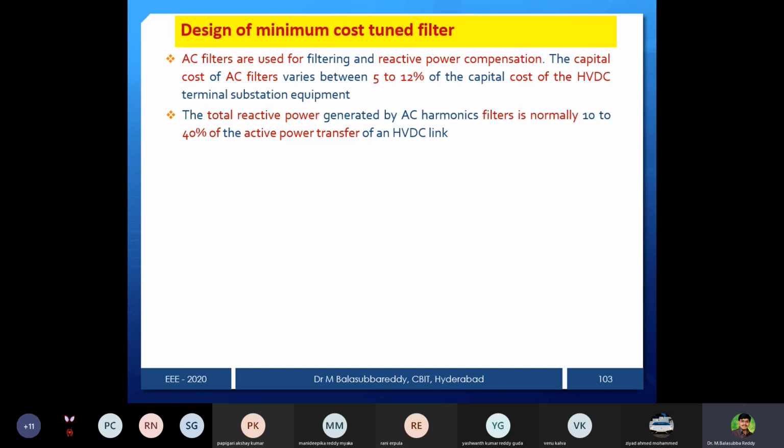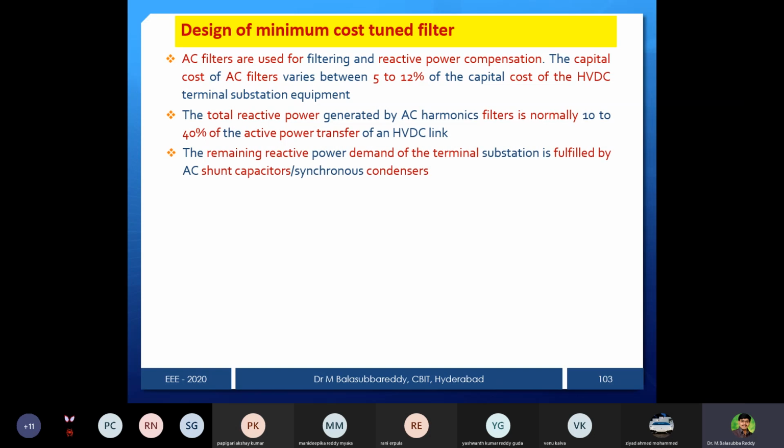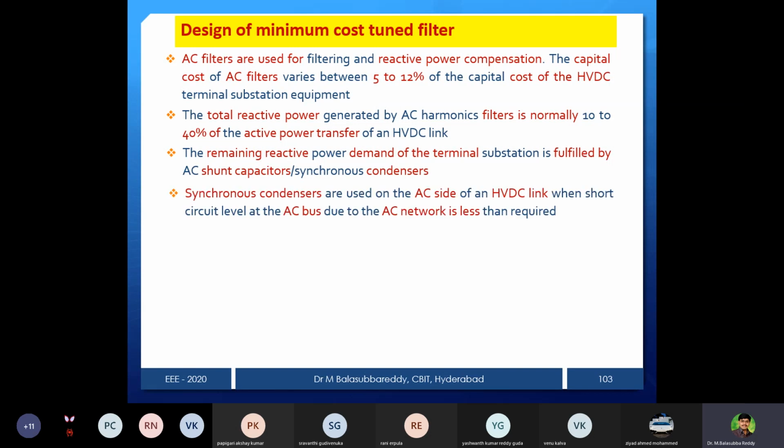So whatever is required, this much amount will be supplied by the filters, and the remaining reactive power demand will be fulfilled by the shunt capacitors or synchronous condensers. That's why, in the first line itself, I mentioned it is not completely reactive power compensation. Only some portion of the reactive power is going to be compensated.